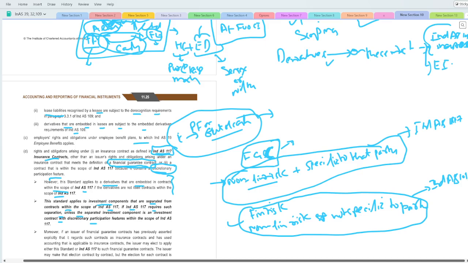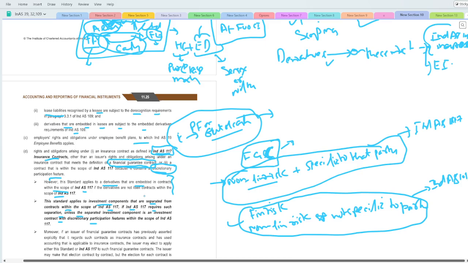Suppose an insurance entity is issuing a policy where your return is based on investing that money in the share market. On the basis of that return, the unit holder will be getting the amount. So this is the investment component, correct?